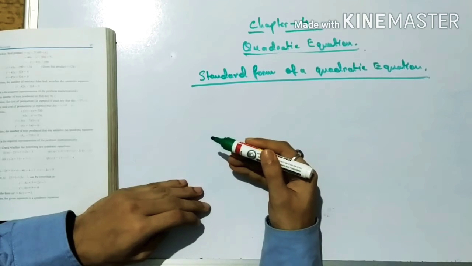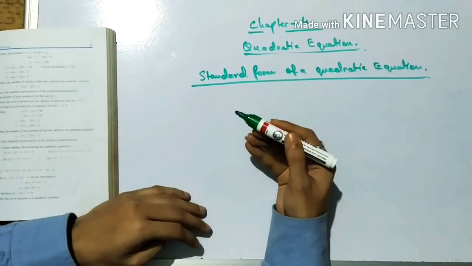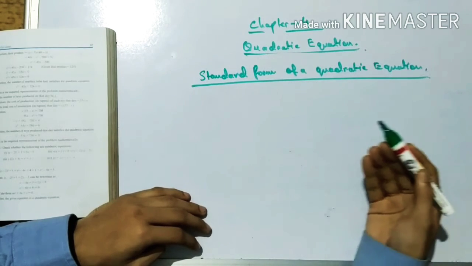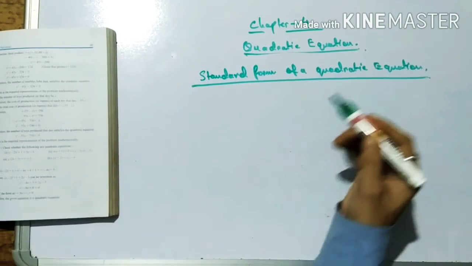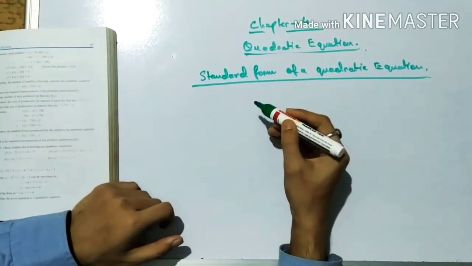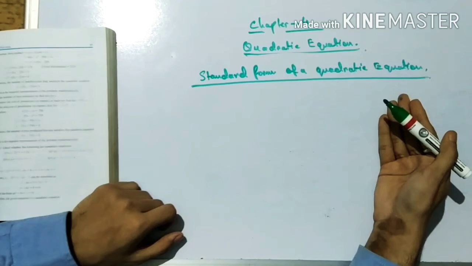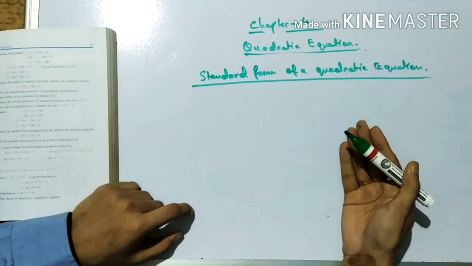If I take a polynomial of degree 2, and that polynomial I say equals 0, then that equation will become a quadratic equation. So the standard form of a quadratic equation is when I write that polynomial in the decreasing order of its degree.